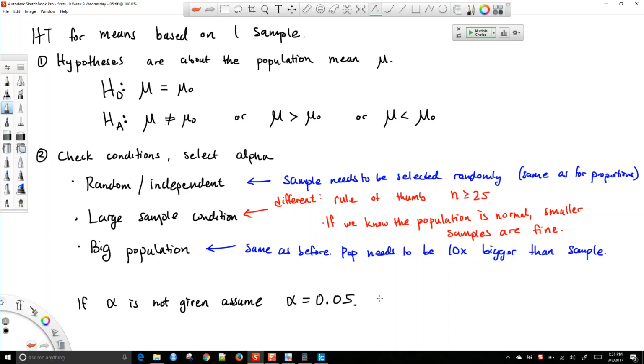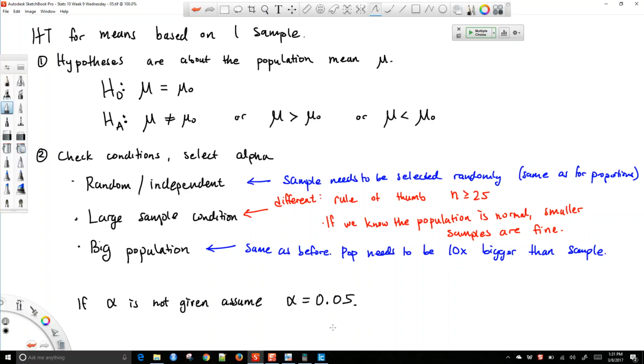We want large alpha when type 1 error is not as bad as type 2. If type 2 error is worse than type 1, we would pick a large alpha. If the type 1 error is worse, then we want a small alpha. So depending on your situation, you may want a bigger or smaller alpha. But for most cases, we just assume alpha is 0.05.